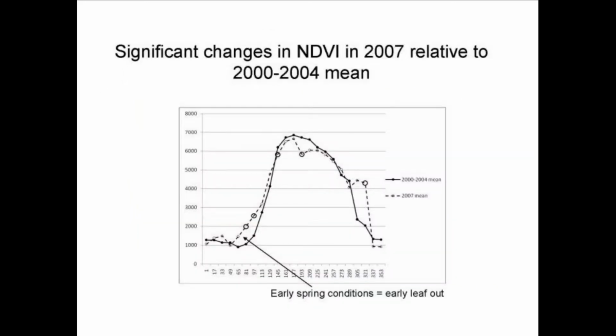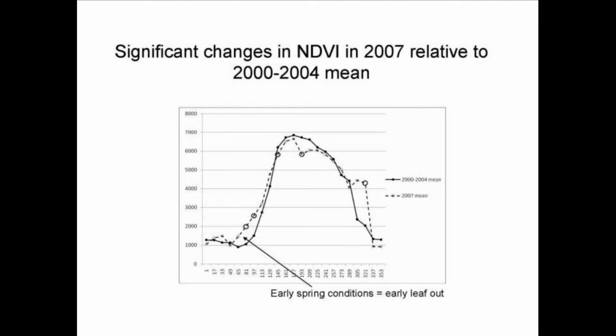And when we looked, the solid line is the 2000 to 2004 mean NDVI over these 37 polygons. And this dotted line is 2007. And indeed, we did see early greening right here in these aspen-rich polygons. And then this blue area represents the period in which the frost damage occurred.